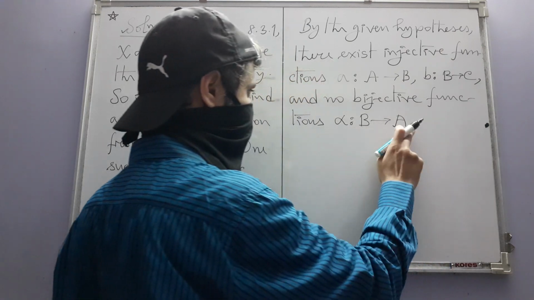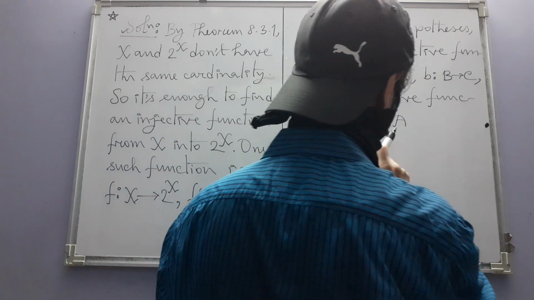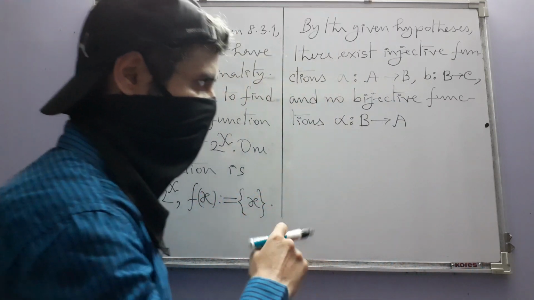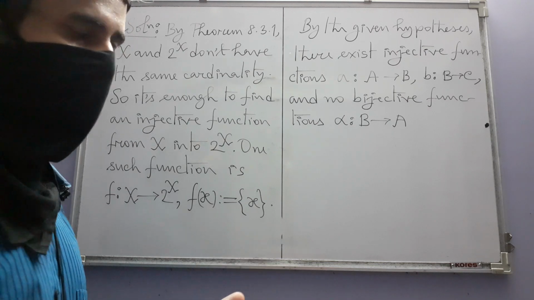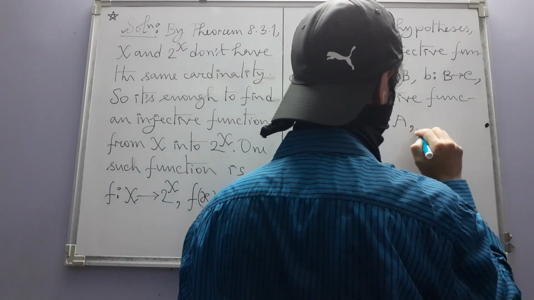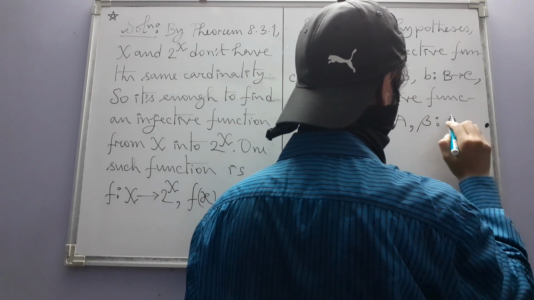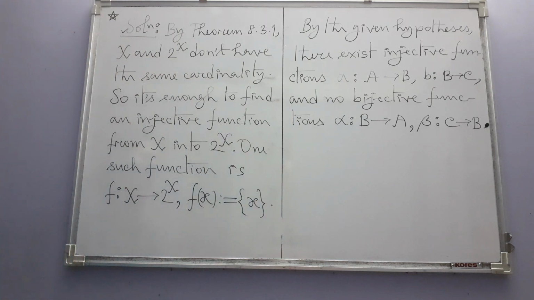If you want, you can write A here and B here also, because non-existence of a bijection from A into B is equivalent to the non-existence of a bijection from B into A. And beta from C into B.